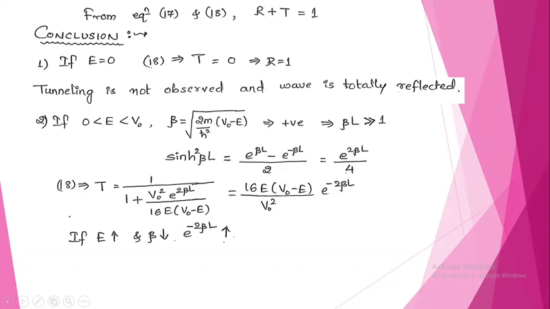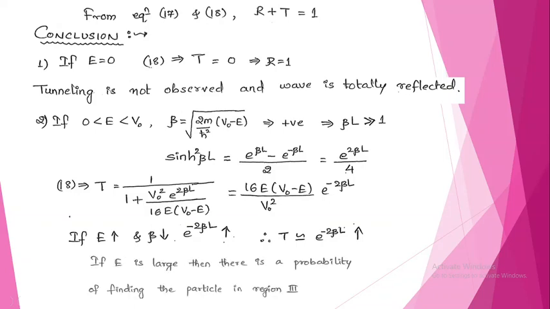So exponential of beta L will decrease, whereas exponential of minus 2 beta L will be increasing. And for that we can say, in this equation, T is directly proportional to exponential of minus 2 beta L, which also increases. It means as the energy of the particle is going on increasing, the transmission coefficient also increases.